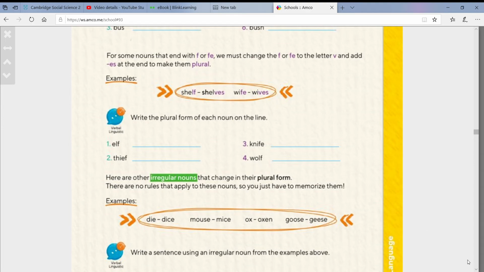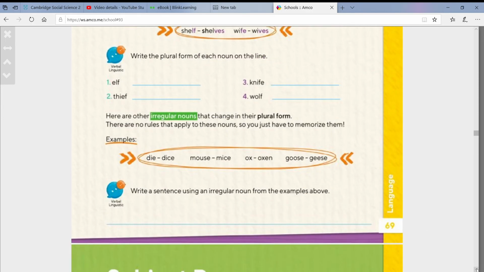Now, let's have a look at the last exercise. Here we have some other irregular nouns that change in their plural form. There are no rules. These irregular nouns, they are crazy. You have to remember there are no rules that apply to these nouns.